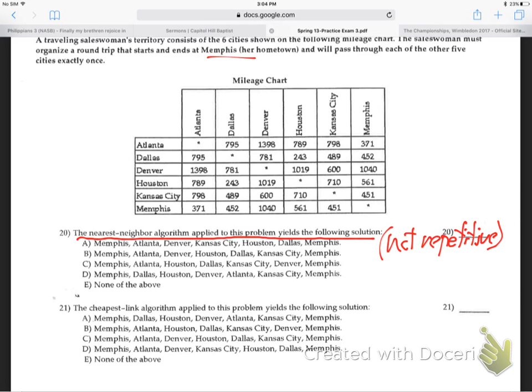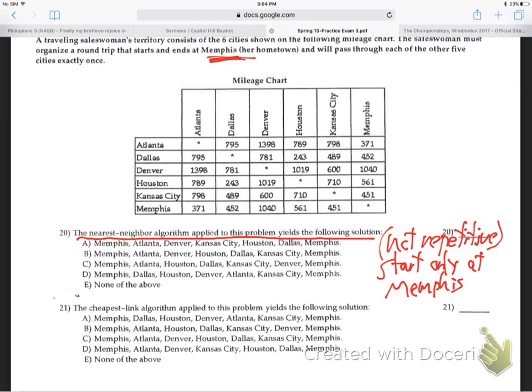I'm just going to start once and do the nearest neighbor every time. Where am I going to start? Start only at Memphis, where they told me to start. That's her hometown. So basically they're saying, start at Memphis and do the nearest neighbor thing.